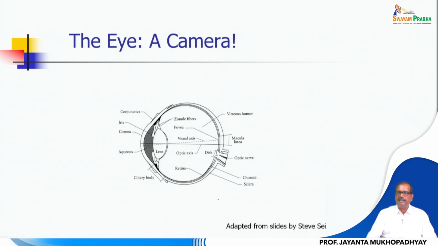In that pathway also there is processing, there are different kinds of cells, and finally it goes to our brain for processing.